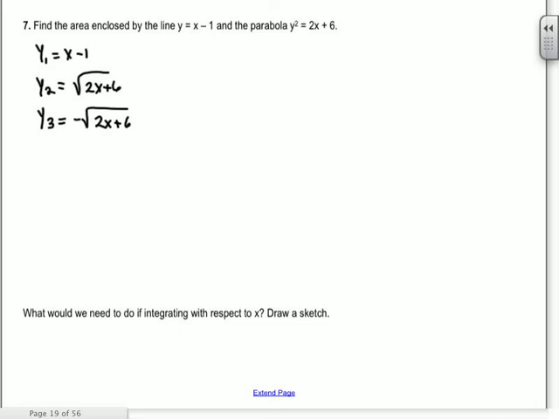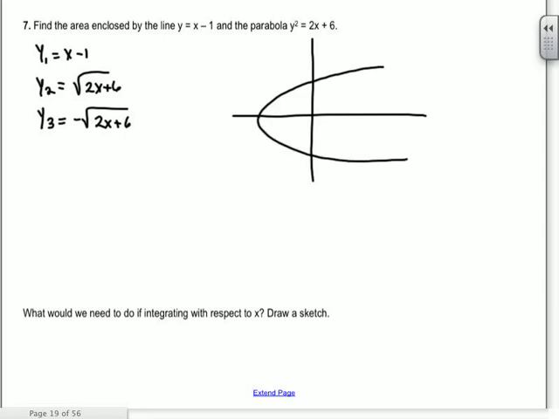I'm just using my standard window. So I end up with something like this. Is that what you guys got?